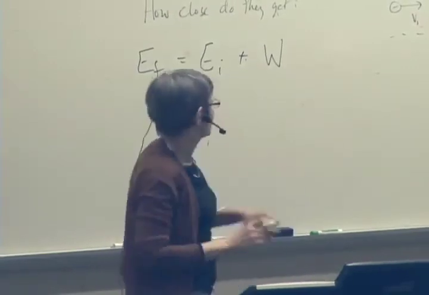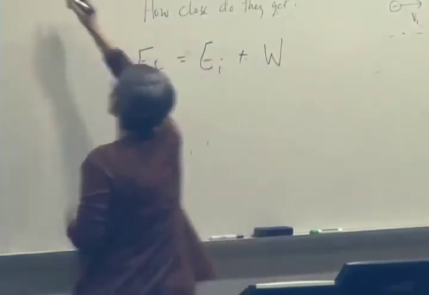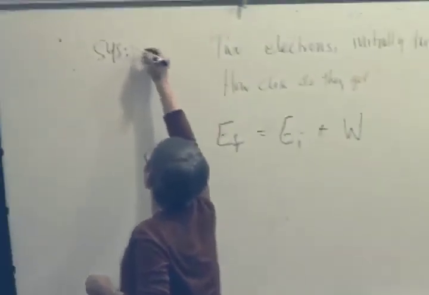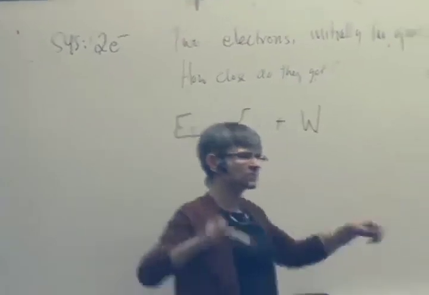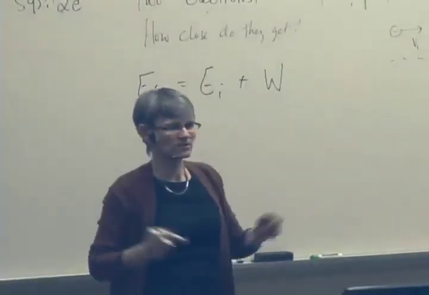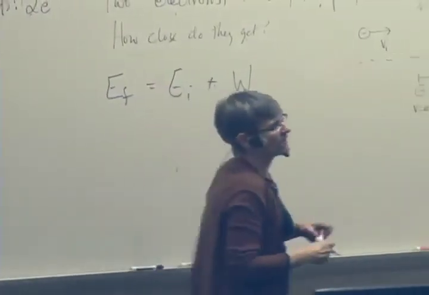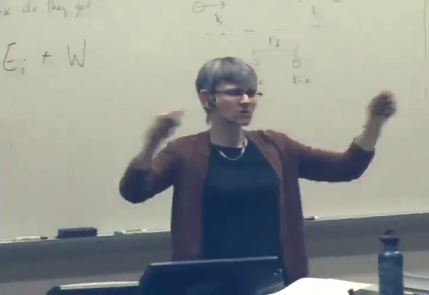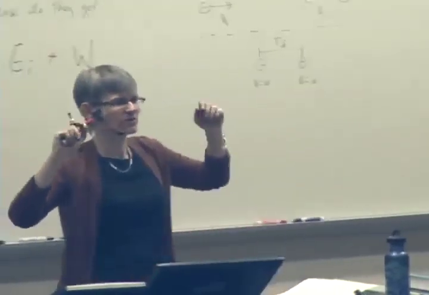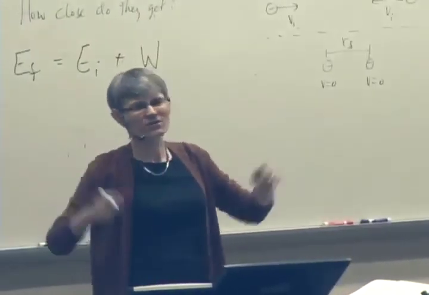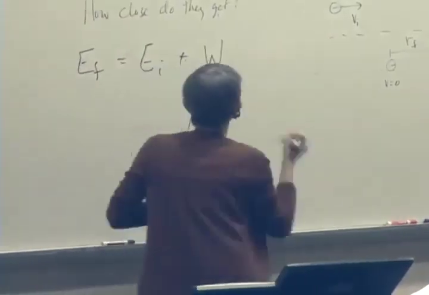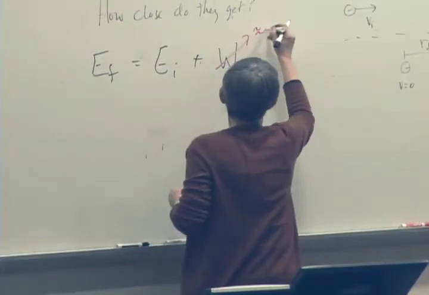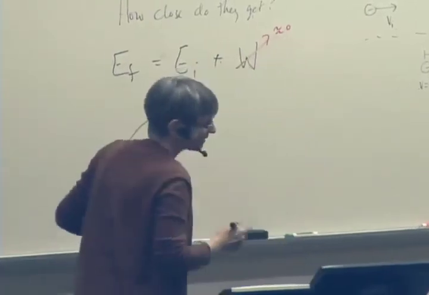So system, 2 electrons, and therefore we can do this all in outer space where nothing is interacting with it. In fact, these electric forces are so strong and these particles can be moving so fast that the Earth, even if it is on the Earth, doesn't have a chance to do very much work. So the work is approximately 0.